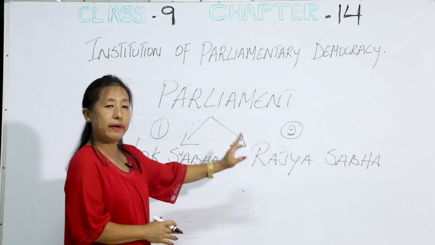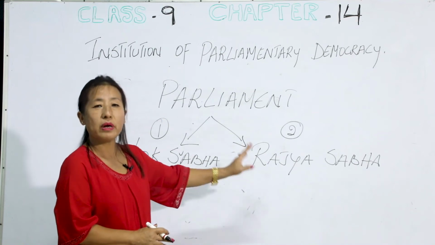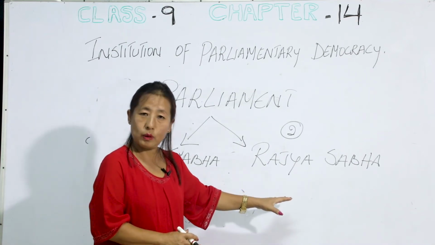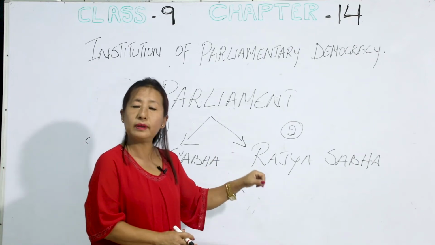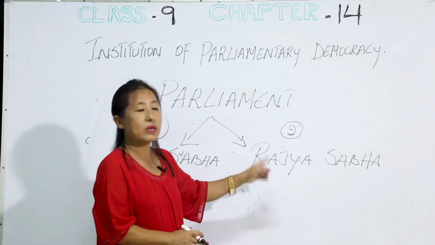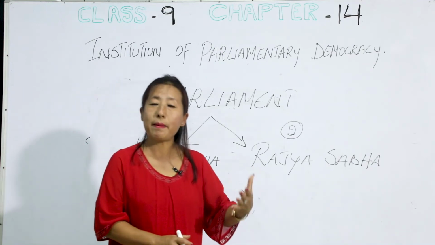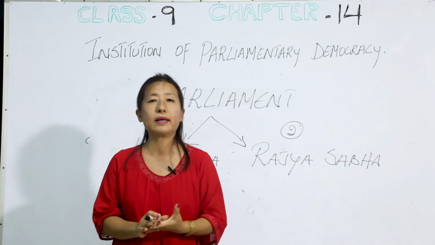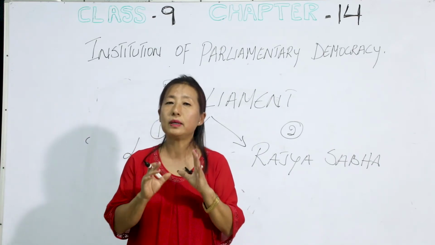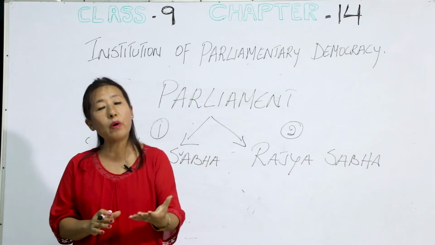Lok Sabha is called the lower house, Rajya Sabha is called the upper house, but Lok Sabha is considered more powerful, and one reason is that the members of Lok Sabha are elected directly by the people.